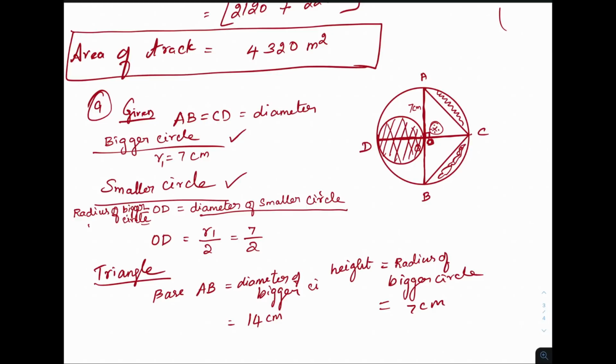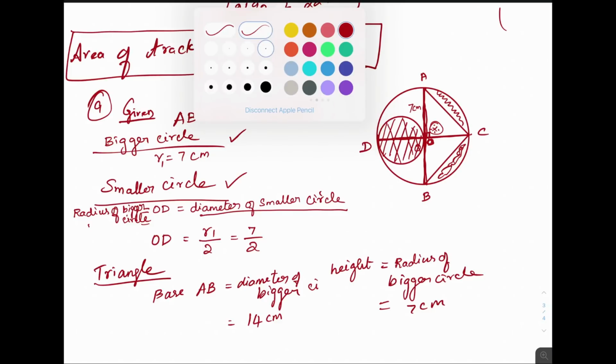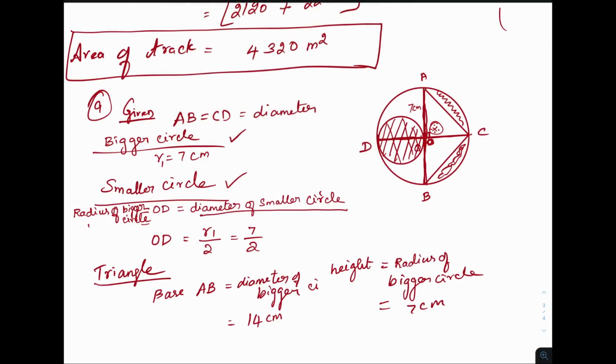What we need to do is subtract the area of the triangle from the semicircle, so that we can get the area of the shaded region, plus the area of the circle.